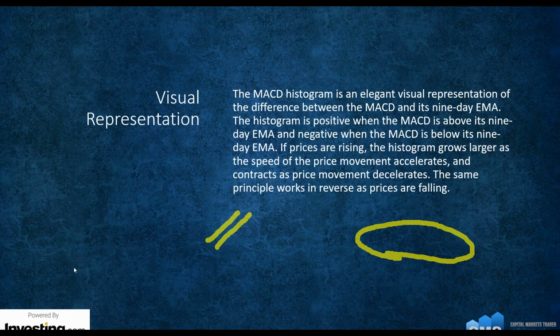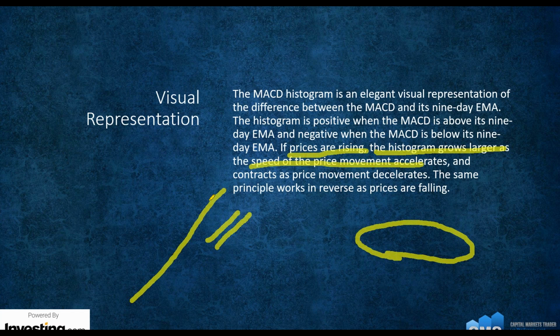The same principle works in reverse as prices are falling. So remember this. If prices are rising, the histogram grows larger as the speed, and this is what we're talking about, the momentum, the speed of the price movement accelerates.